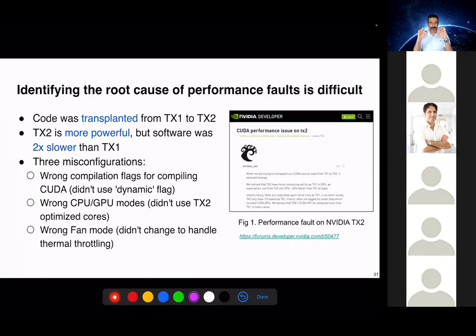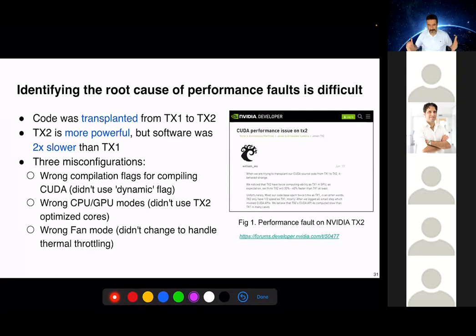And the key thing is that even if we are able to optimize performance, due to these massive interactions, there would be some unknown performance faults that cause the system to either perform badly or not gain any performance boost, even if we change the underlying resources, right?